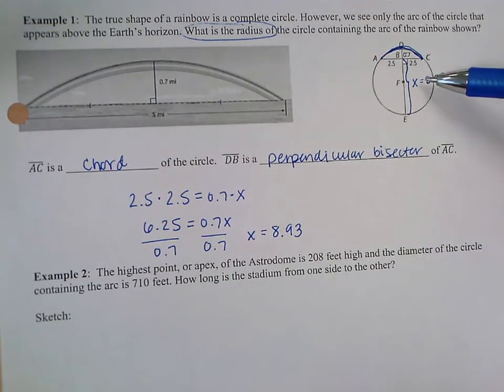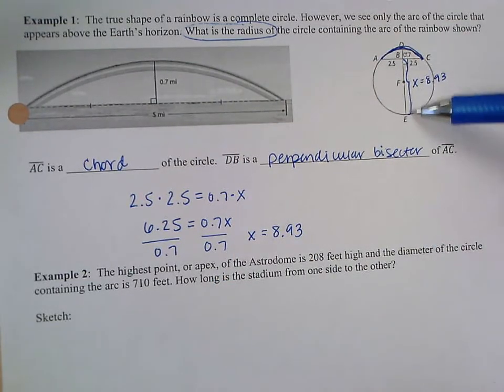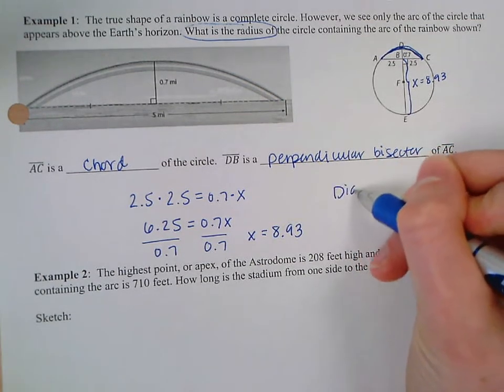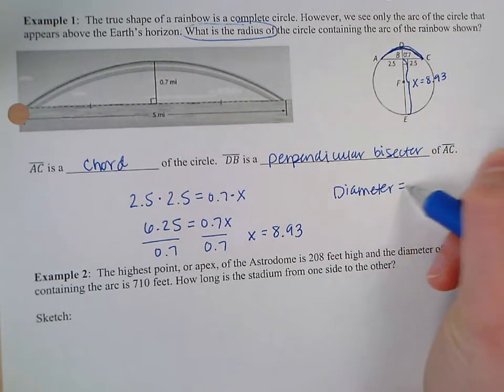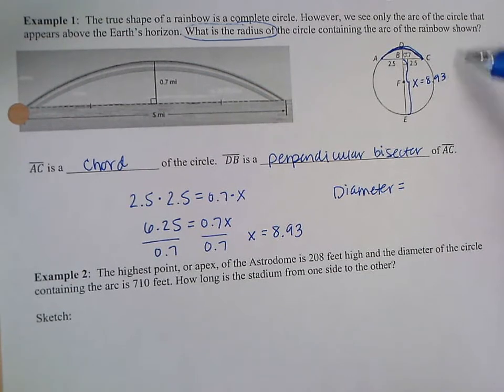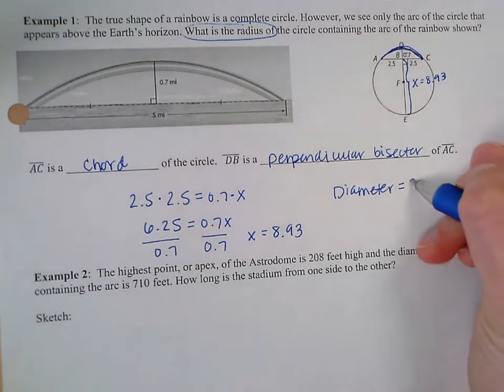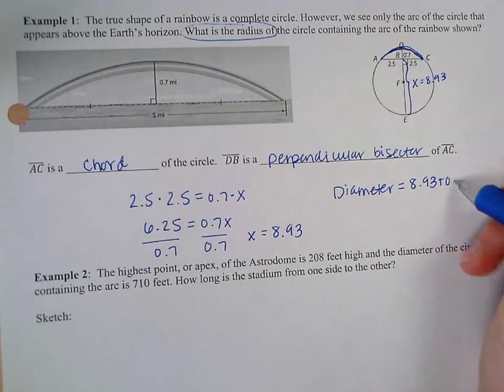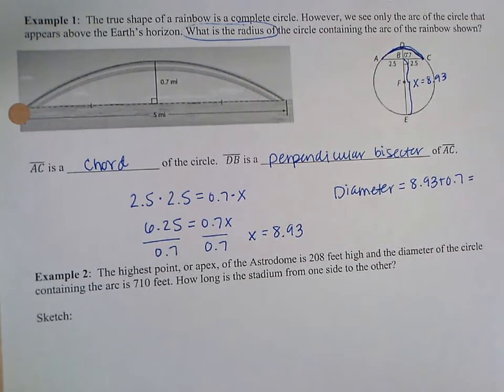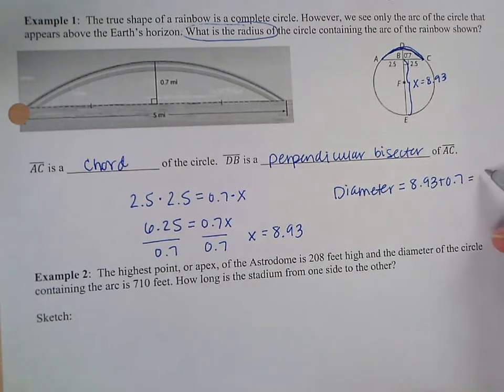So now that I know x, I can find the length of the whole diameter. So the diameter of that circle is the 8.93 added to the 0.7. I already had rounded this. So that would be 9.63 approximately.